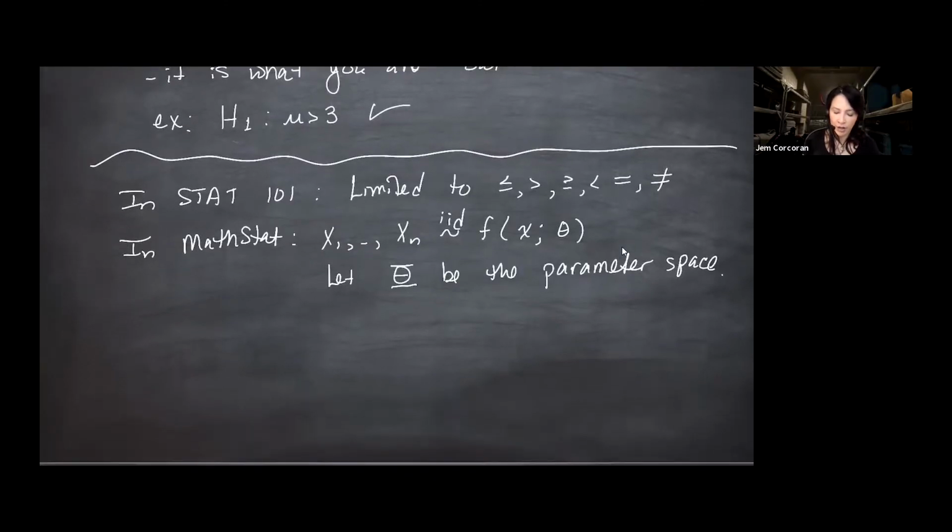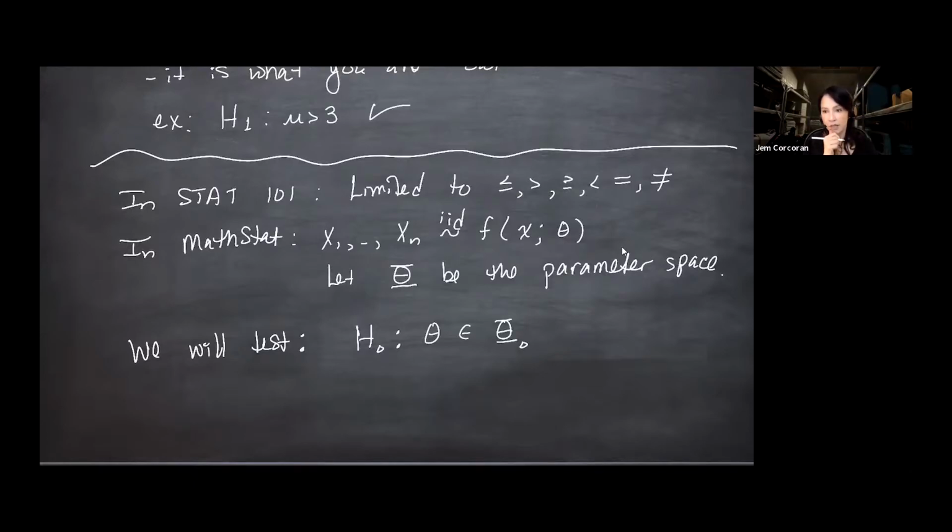So we want to test, or we will test, so not in this simple introduction part, but when we get to actual hypothesis testing, we're going to test the null hypothesis that the parameter is in some subset of the parameter space that I'm going to call capital theta naught.